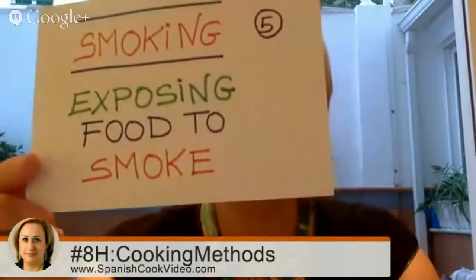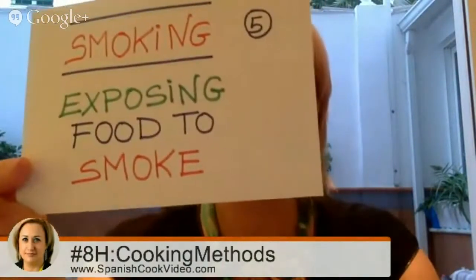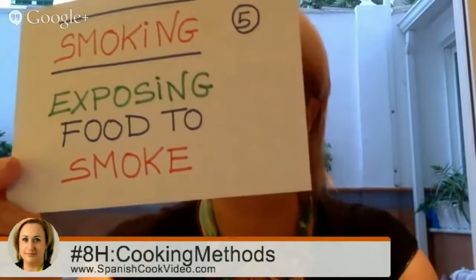Smoking is exposing food to smoke for flavoring, cooking, and preserving food. Mostly smoke from burning wood. To properly smoke a piece of meat will require that you place it in a controlled environment where the temperature holds at a relatively stable 200 to 225 degrees Fahrenheit.